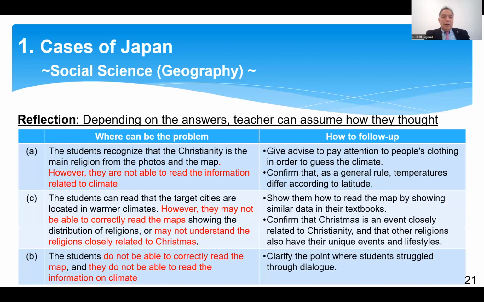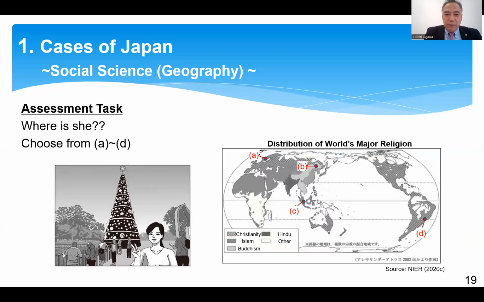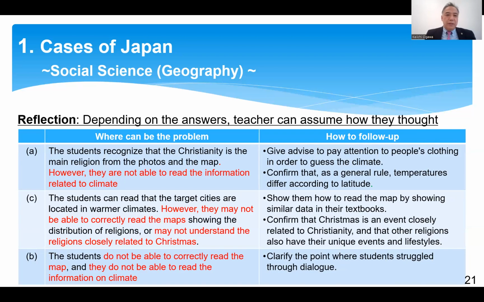So then the social sciences, this is the reflections. Depending on the answers, the teacher can assume how they thought. So for A, where can the problems be? Those who answer A, what are the problems? Students recognize that Christianity is a major religion from the photos and map.